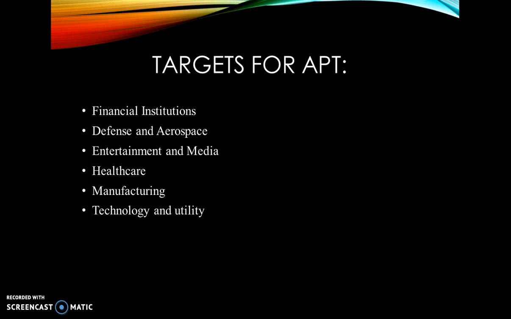Now, what are the common targets for advanced persistent threats? Advanced persistent threat actors target specific industries more than others. Generally, APT actors target industries where there is a preponderance of valuable information and assets.